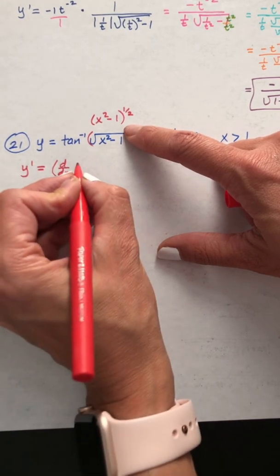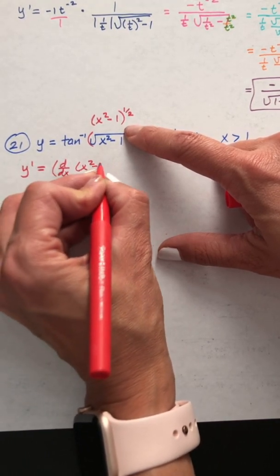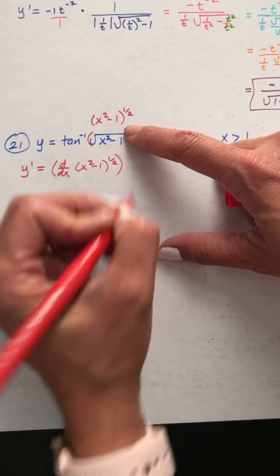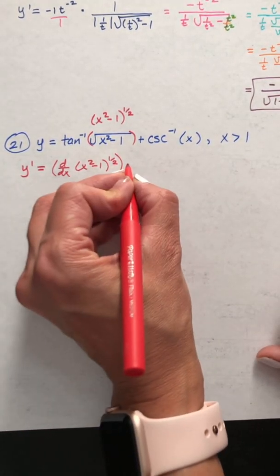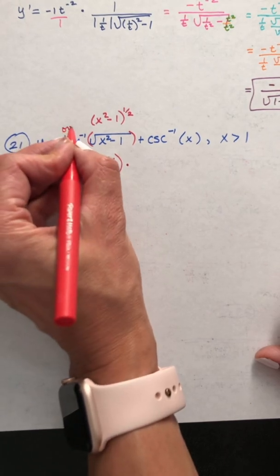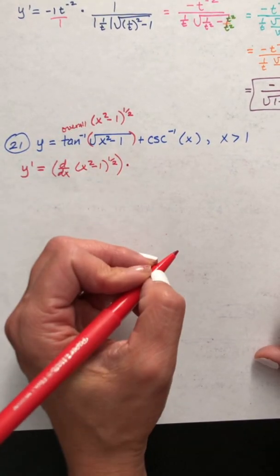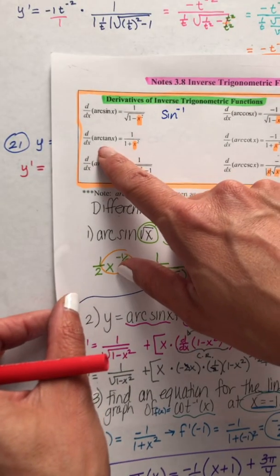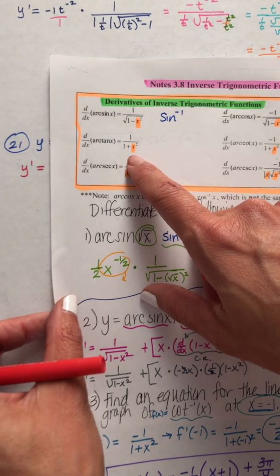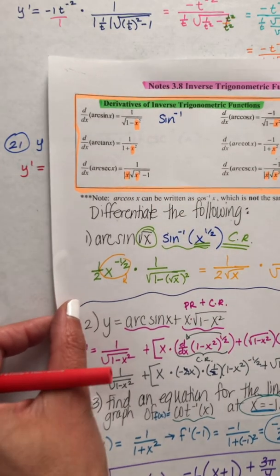So I'm going to have to take the derivative of x squared minus 1 to the 1/2 because I'm going to have to use chain rule on the chain rule pretty much, times the derivative of the overall, which is tangent inverse. So if I pull out my cheat sheet and look for tangent inverse, I get 1 over 1 plus x squared.